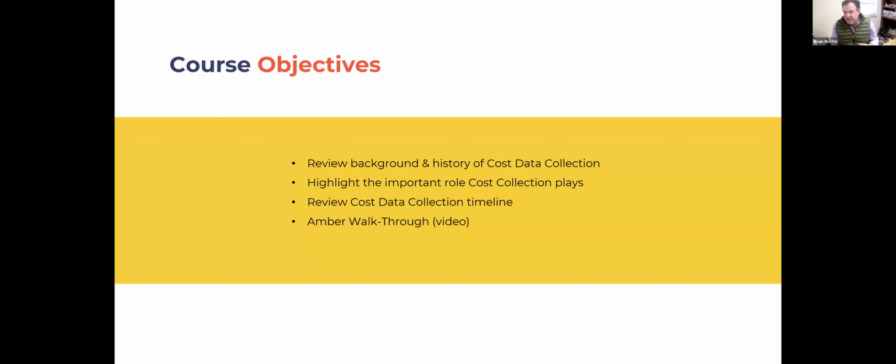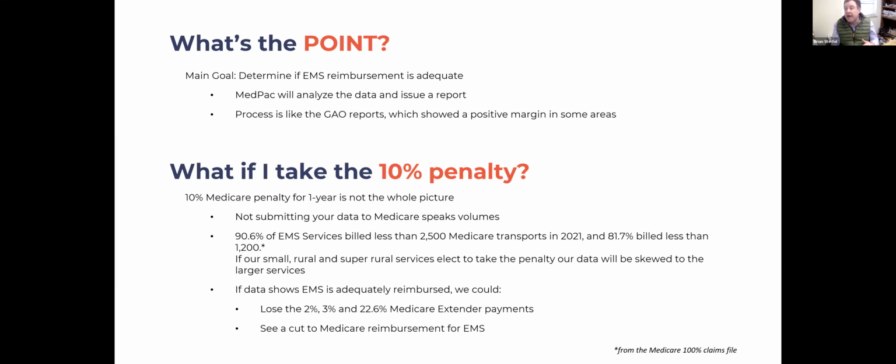And then at the end, we will give you a brief walkthrough of the Amber product itself, just so you can see how it's used and to make you aware of certain features that, in our experience and the experience of people that have used it, will make submitting your cost data that much easier. So with that in mind, why are we doing this?